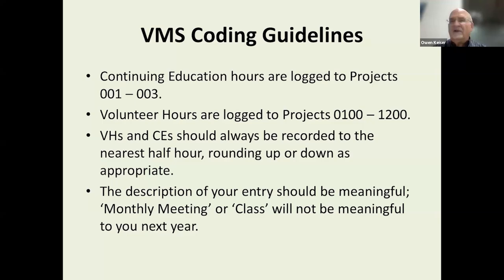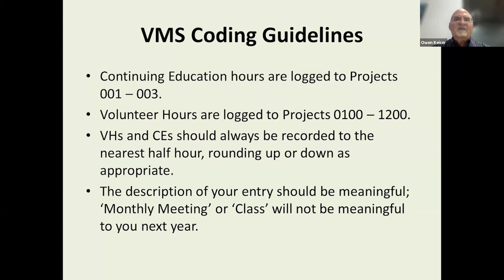Volunteer hours are logged to a 4-digit number, 0100 through 1200. Volunteer hours and continuing education are always recorded to the closest half hour, rounding up and down as appropriate.